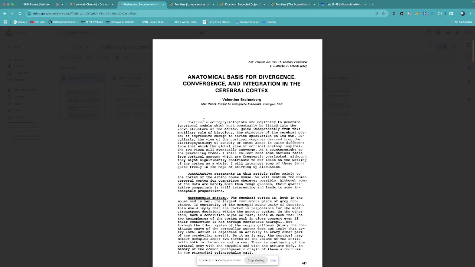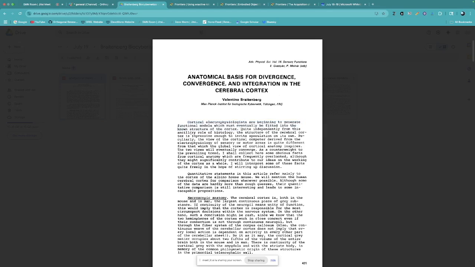He talks about cortical electrophysiologists, and he says they're beginning to generate functional models which must eventually be fitted into the known structures of the cortex. So this was many years ago now. I'm not sure if this is still true, but I guess we now have functional models. But again, we have to fit this into the known structure of the cortex, and that can always be challenging.